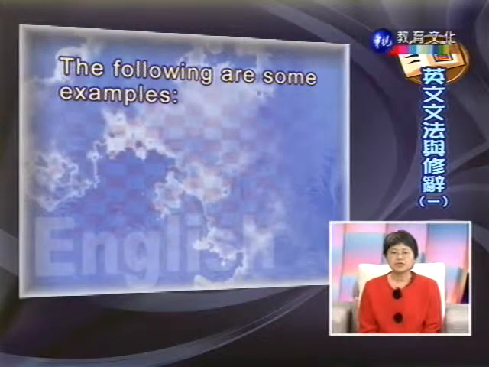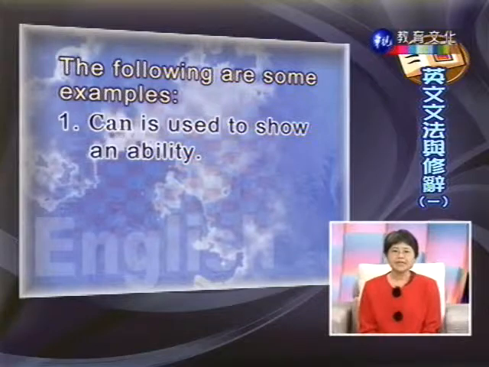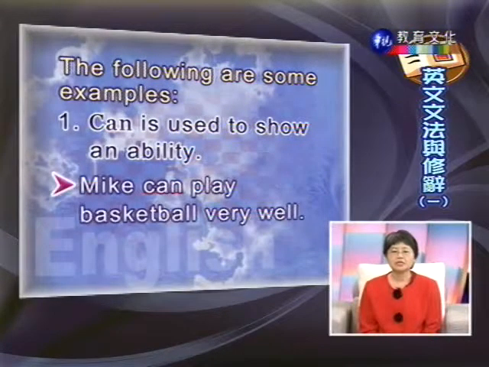The following are some examples. 下面是一些例句。Can is used to show an ability. 下面这个 can 是用来显现一种能力。我们的例句是 Mike can play basketball very well.